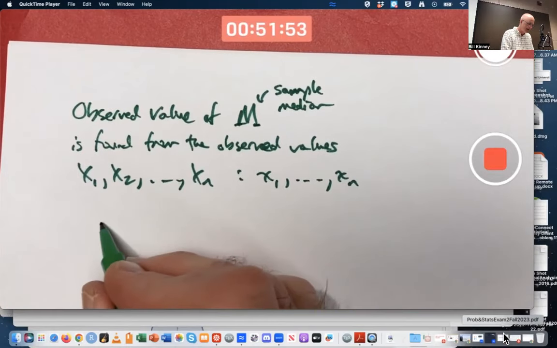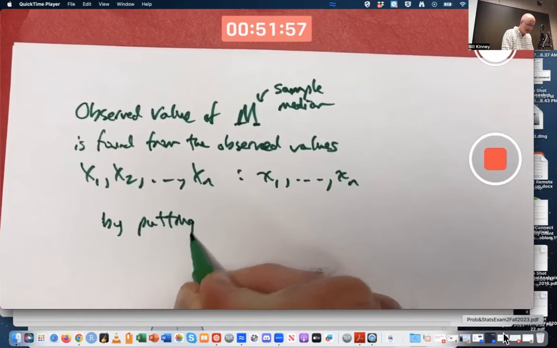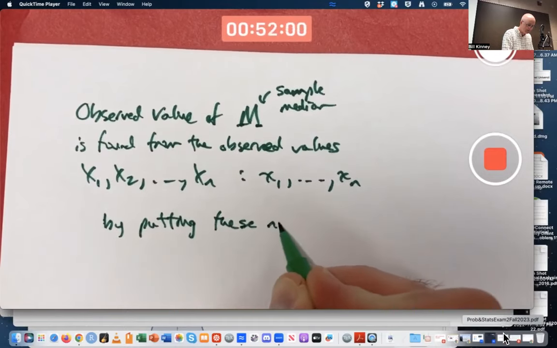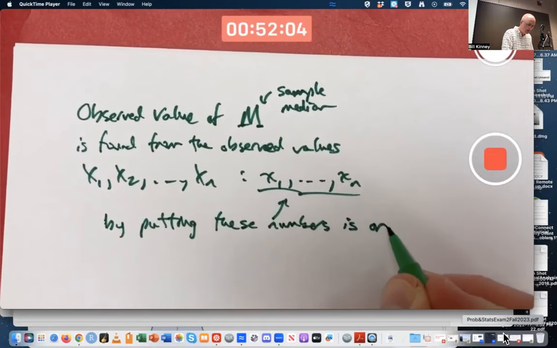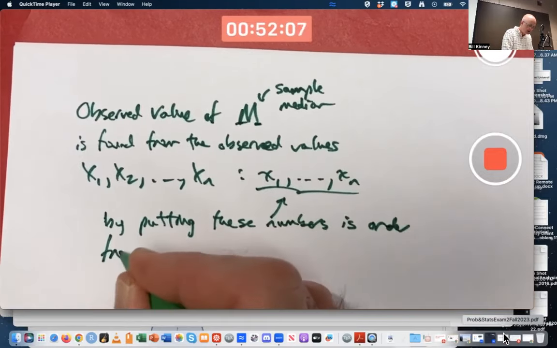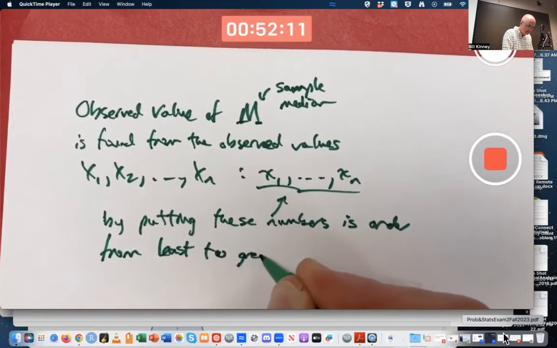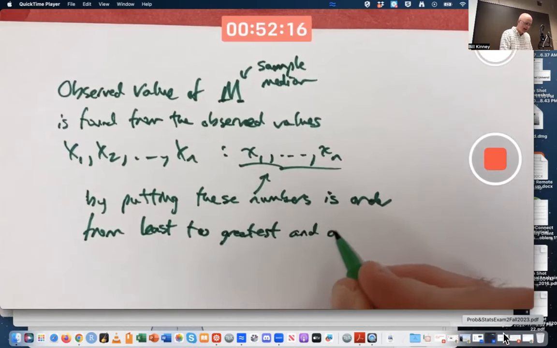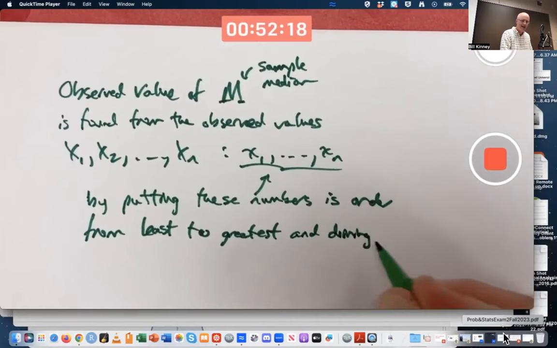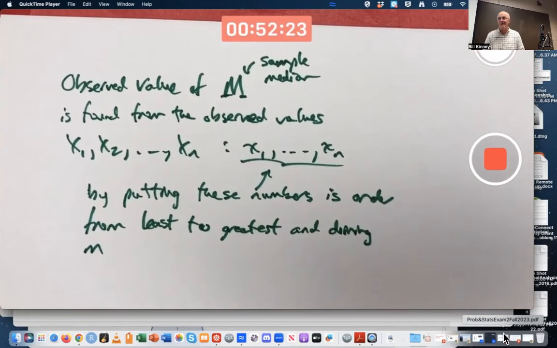Okay, do I need to write all that? By putting these numbers in order from least to greatest, and defining little m, the observed value of capital M, using the same symbol as the population median.